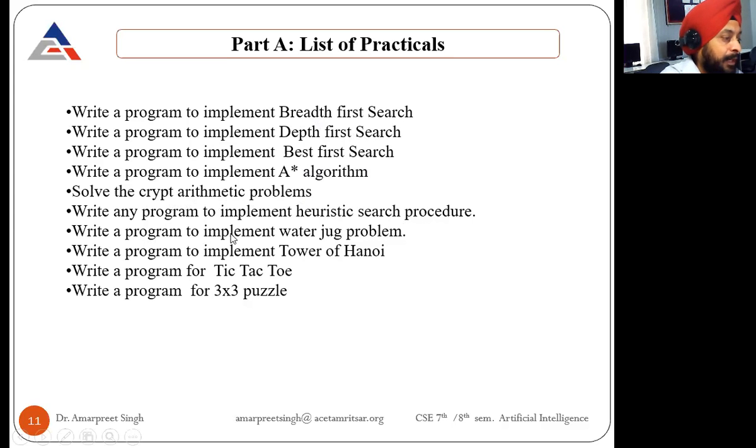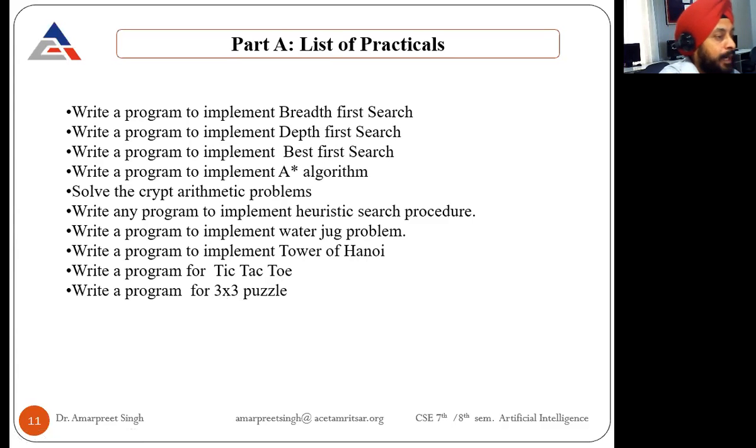Then you will implement programs for the water jug problem, Tower of Hanoi, tic-tac-toe, and the 3 by 3 puzzle. If you want to do any other program, you can also do it. These are compulsory, but you can even do any other program related to AI.